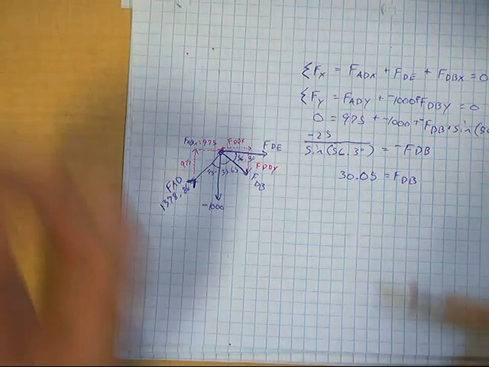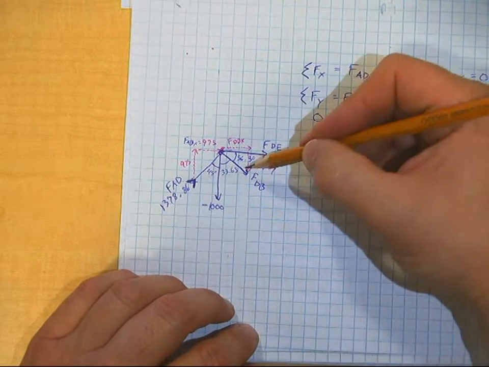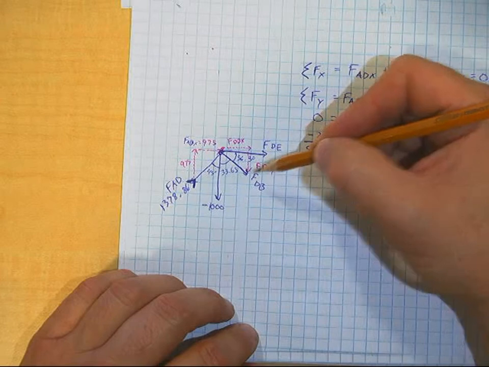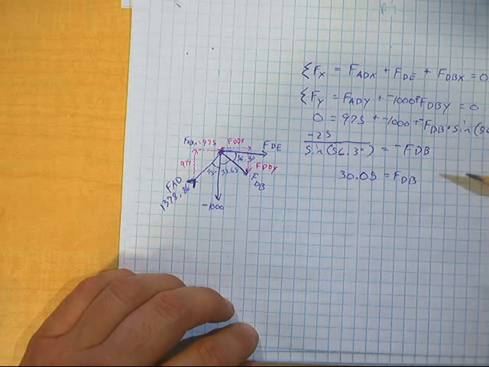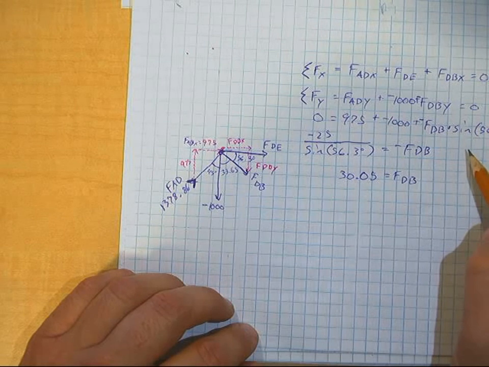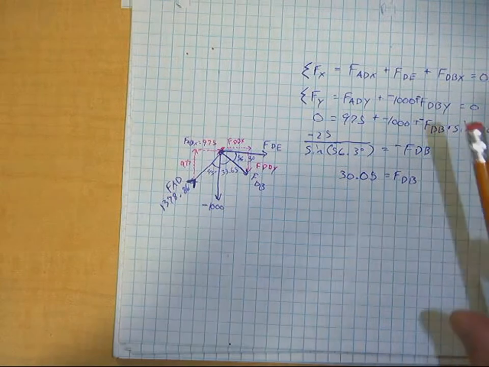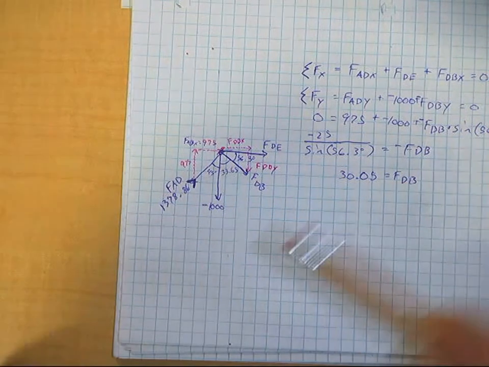Okay, because it's positive, it is in tension. I apologize. So we end up with 30.05.